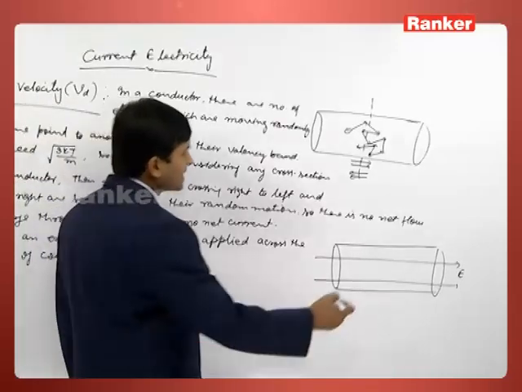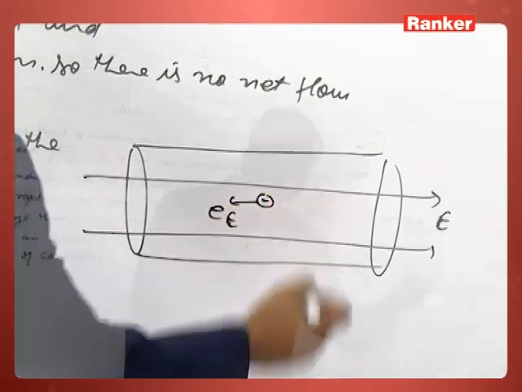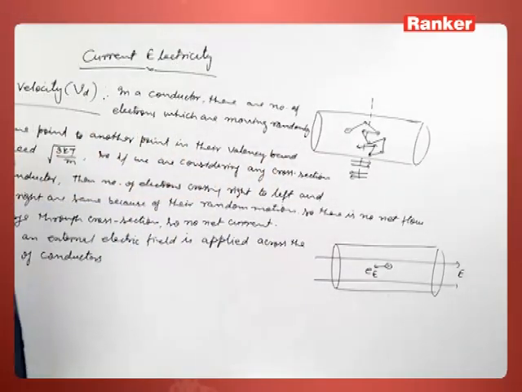Due to the effect of the electric field, the electron experiences a force opposite to the direction of the electric field.